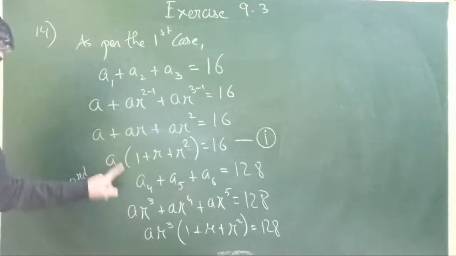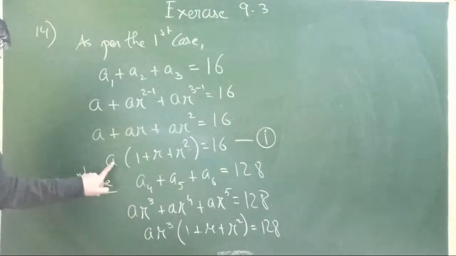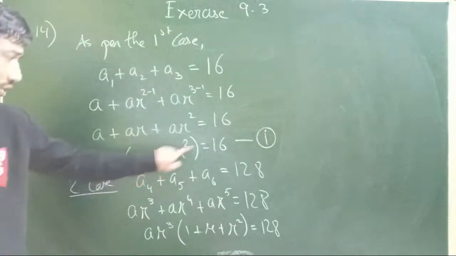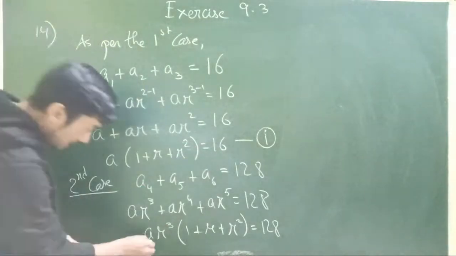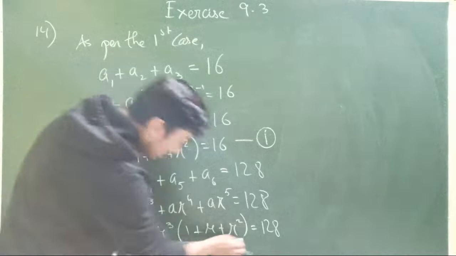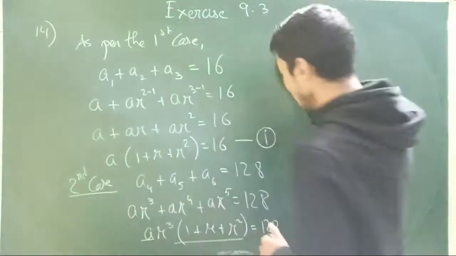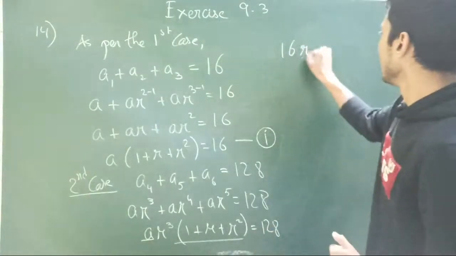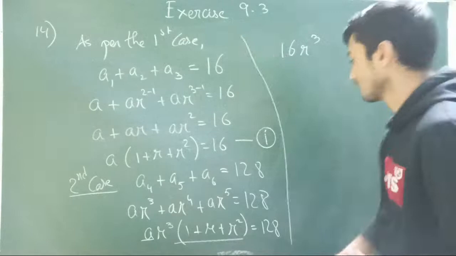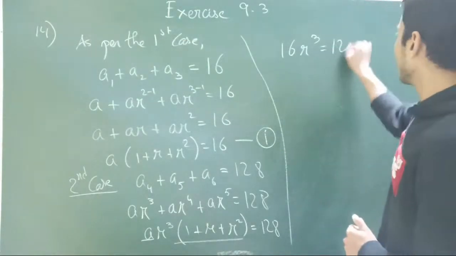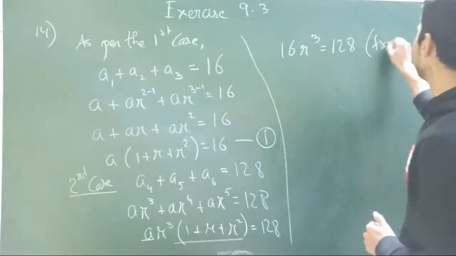That's why I marked it as equation 1. We might use this because A into 1 plus R plus R square can be written as 16. A into this value can simply be substituted as 16. So that will be 16 R cube is equal to 128, from 1.